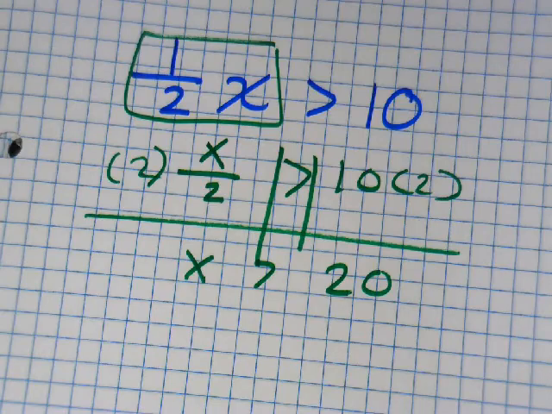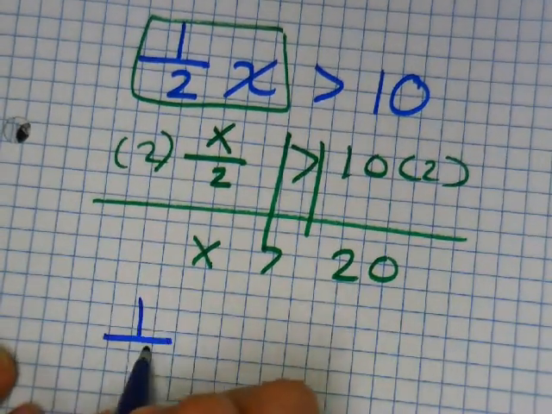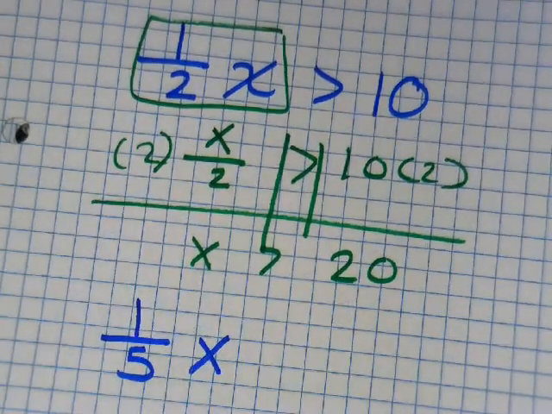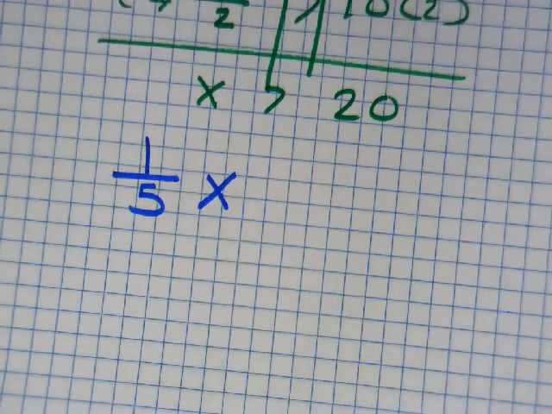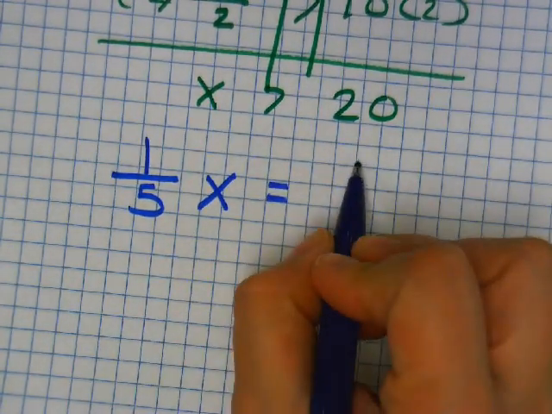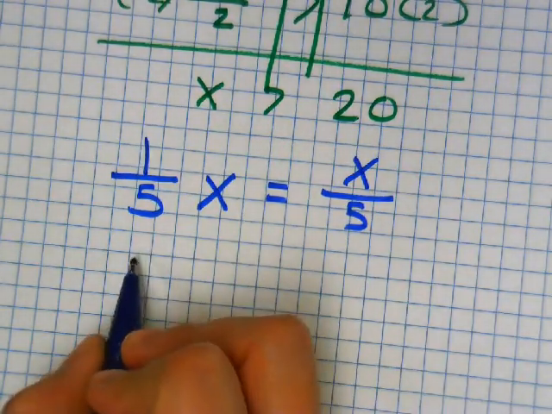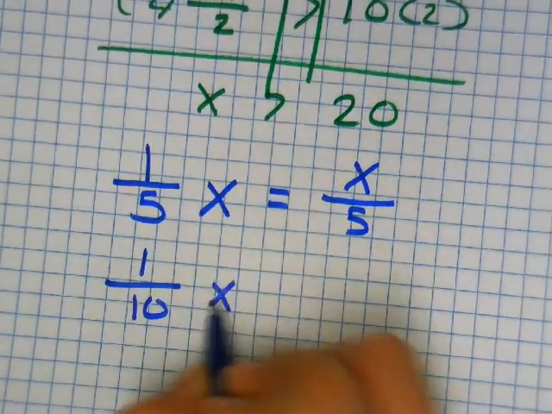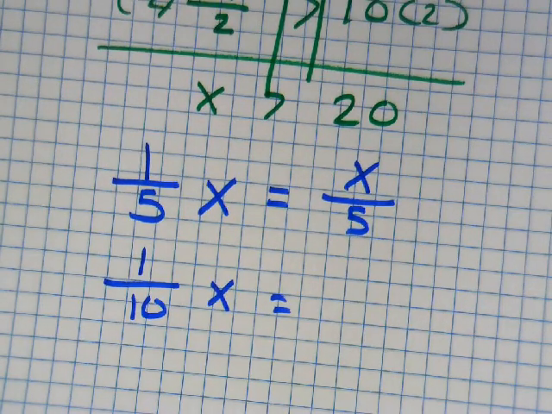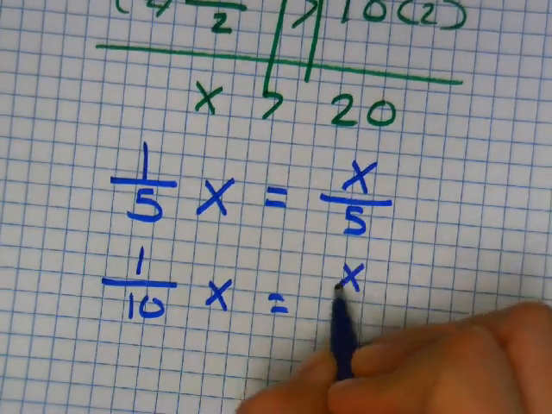So, if it's written as 1/5 x, how do I rewrite 1/5 x? X divided by 5, right? If it's 1/10 x, how do I rewrite 1/10 x? X divided by 10.